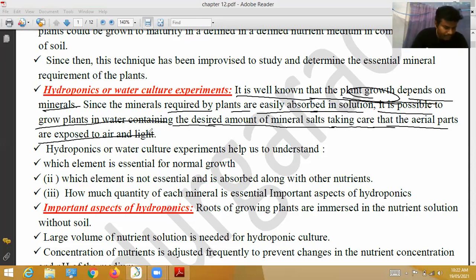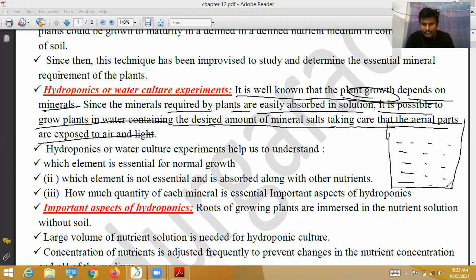See here, I am drawing a small diagram of the hydroponics technique. In this water, they add various kinds of minerals: sodium, potassium, calcium, ammonia, magnesium, hydrogen.